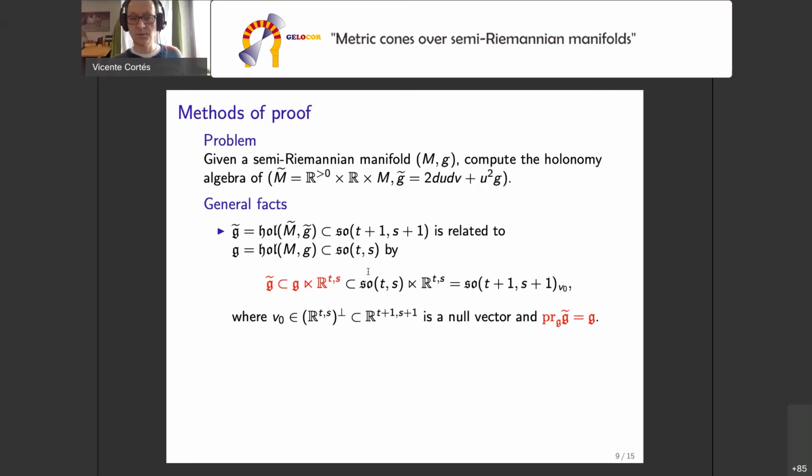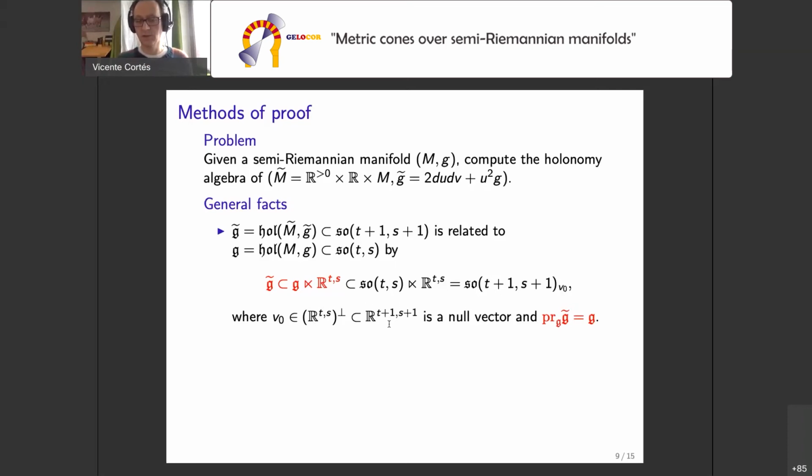And this semi-direct product is in fact a subalgebra of so(t+1, s+1). It's a subalgebra which fixes a null vector V0 in the orthogonal complement of R^{t,s} inside of R^{t+1,s+1}.